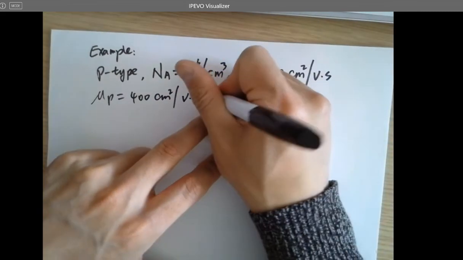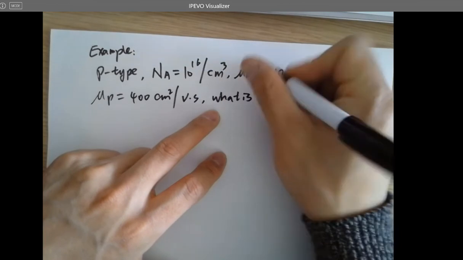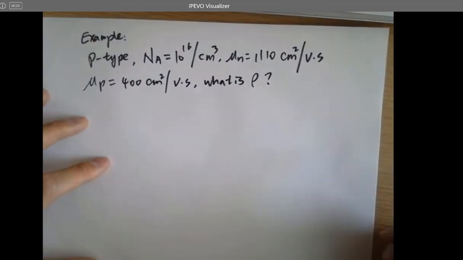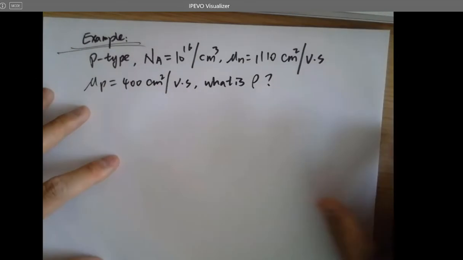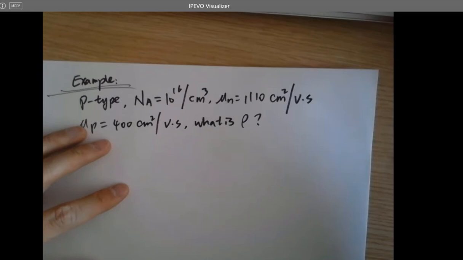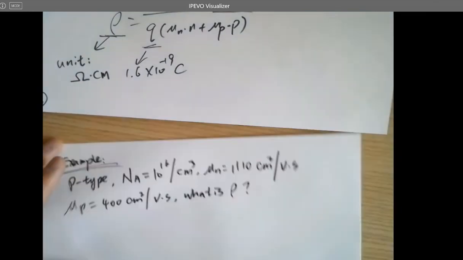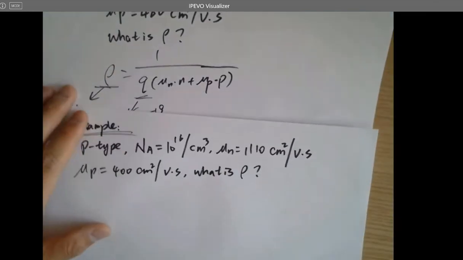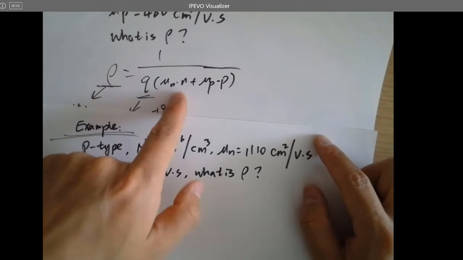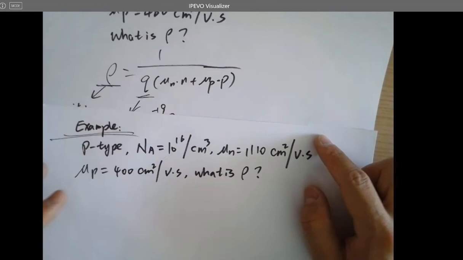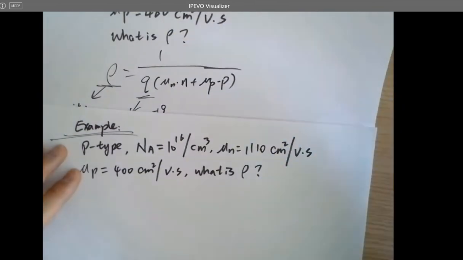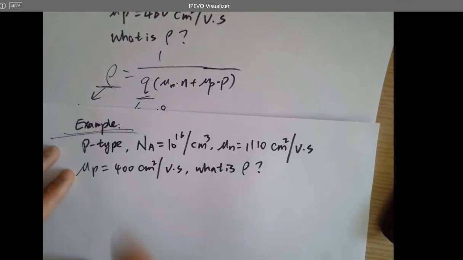What is the resistivity? That's the resistivity, and this is a constant. And this is given, this is given. And you need the concentration of electrons and holes. You don't have it now. You only have this guy.